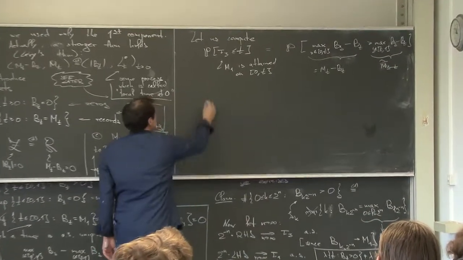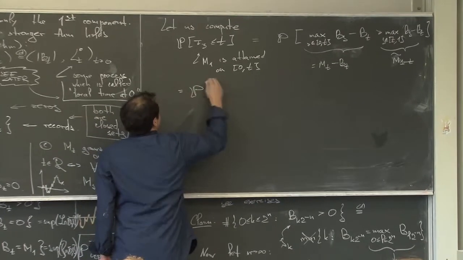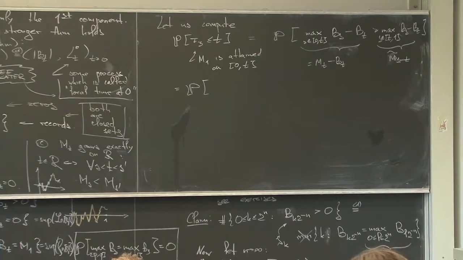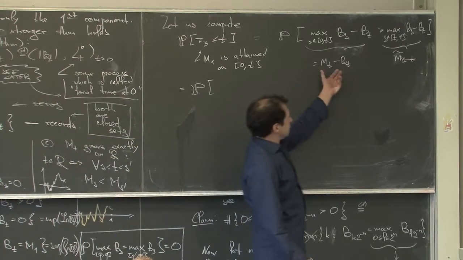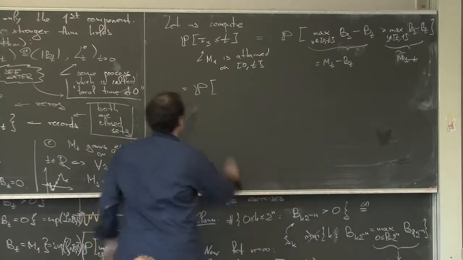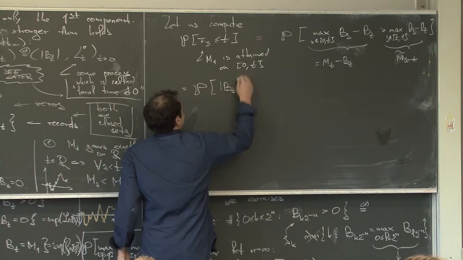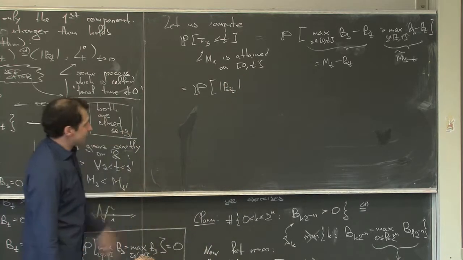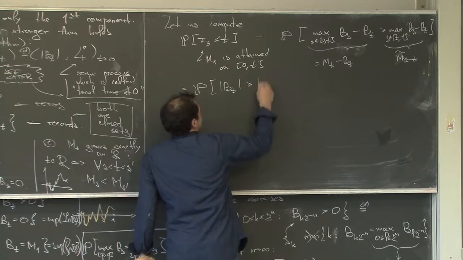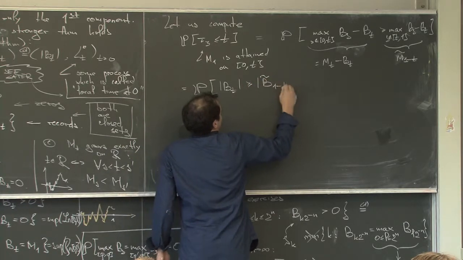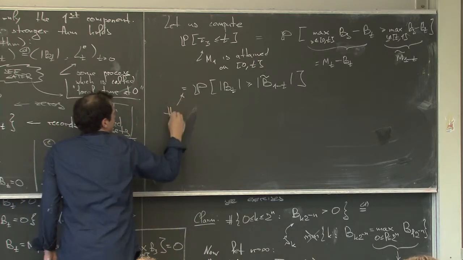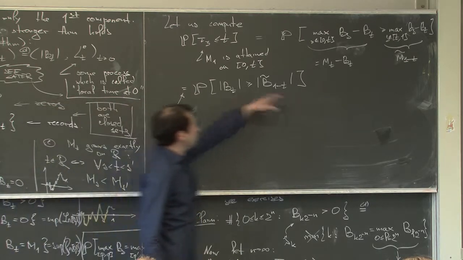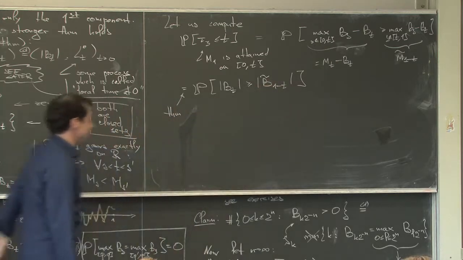And then basically this is the probability that, I replace everything by the modulus of Bt because it's identically distributed, it's greater than the modulus of B 1 minus t. I know that all these three guys are distributed in the same way.